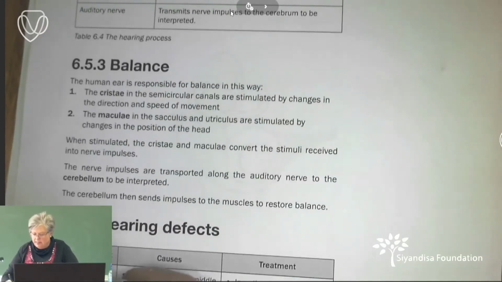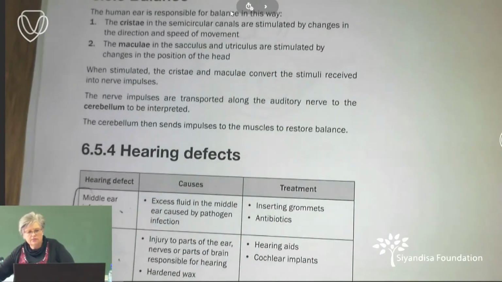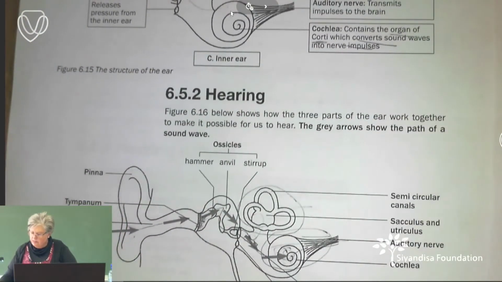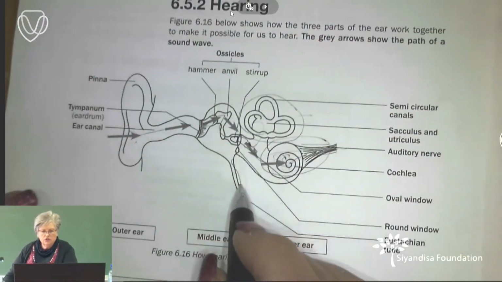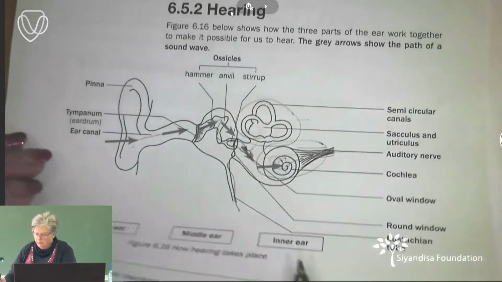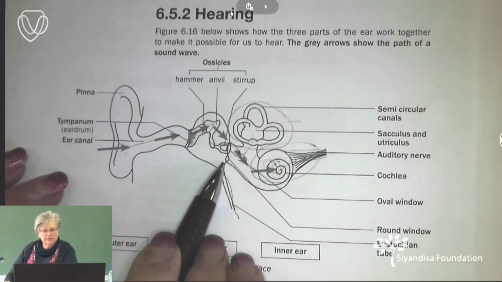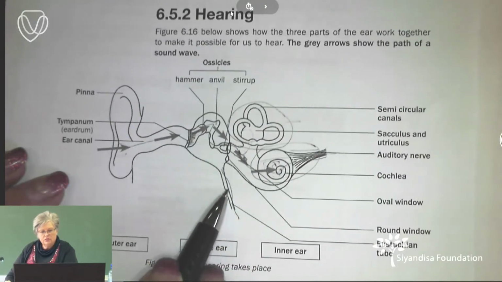And usually they link middle ear infection. They ask the question in the question papers to say what will happen if the Eustachian tube is blocked, right? And why is it blocked? It's blocked because of middle ear infection. So it means that there's liquid in the Eustachian tube.